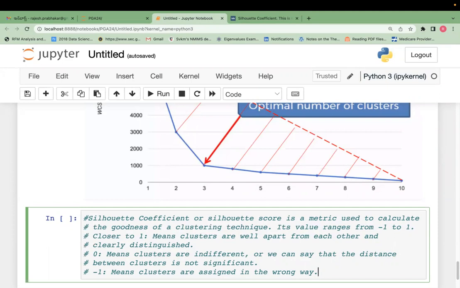If you are not sure which optimal K you are going to take, sometimes you will see multiple bends. Then we build models with all the 3 or 4 points where you see the bend, which you think are the optimal clusters, and calculate the Silhouette score for each.